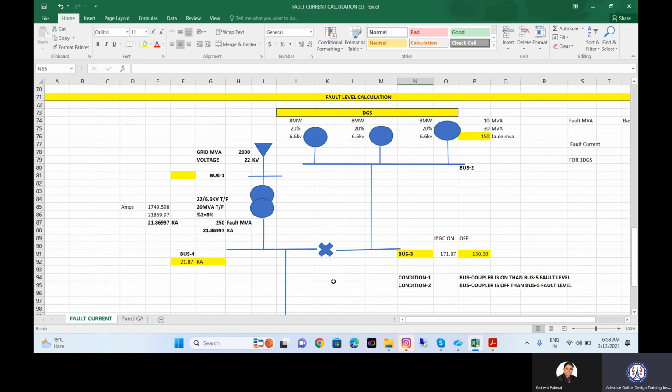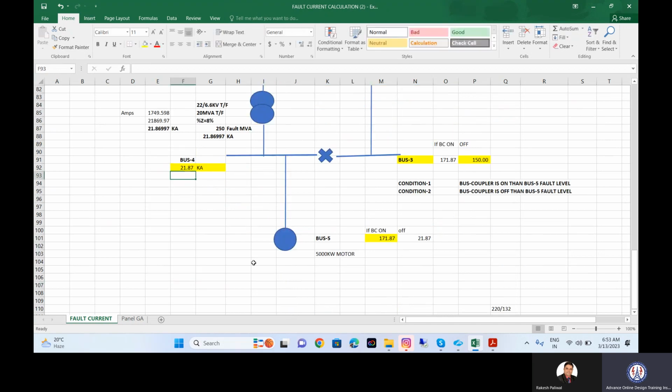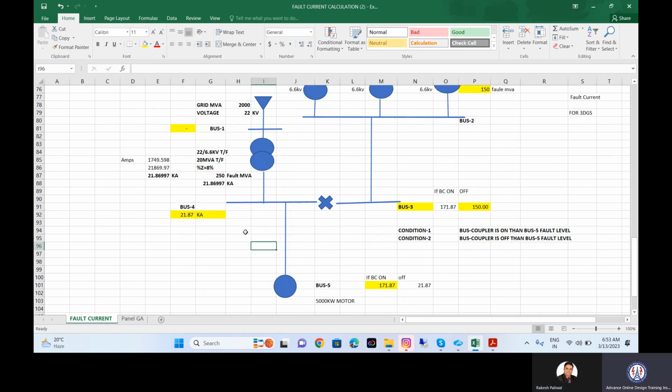Now, just tell me what will be the fault current at this location when the bus coupler is off. Grid transformer will contribute, sir. Grid transformer plus motor contribution. Yes, sir. So this all will contribute. Okay.